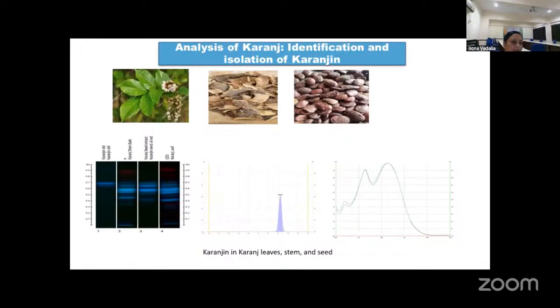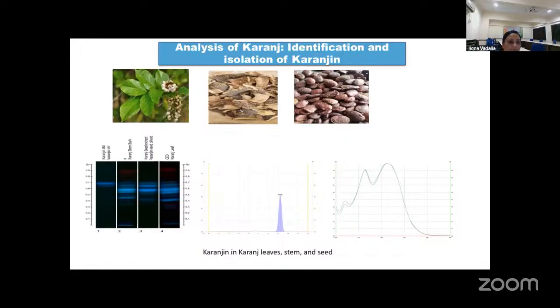So we scrape the particular band and collect the sample. That sample is ready for the mass, so you can directly inject it into the mass. So we are able to identify the mass of that component.